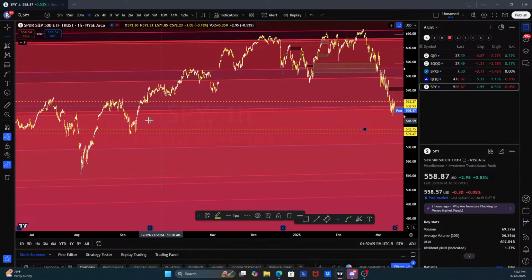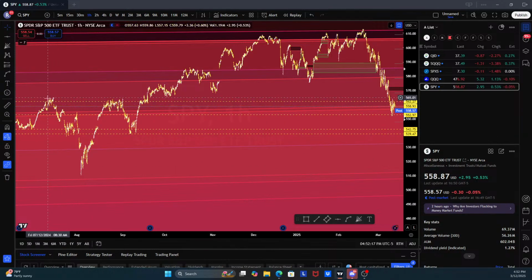So what I'm doing is backtracking. I'm just looking for arcs. An arc up here, a floor right here, a little U-shaped recovery right there. Here's an arc back to the downside, and here's another little dip, and then a move back to the upside.